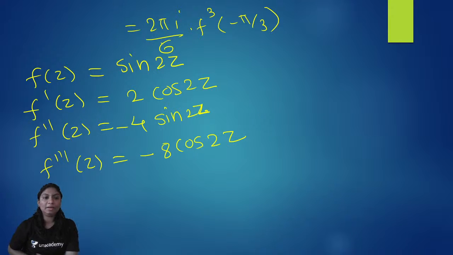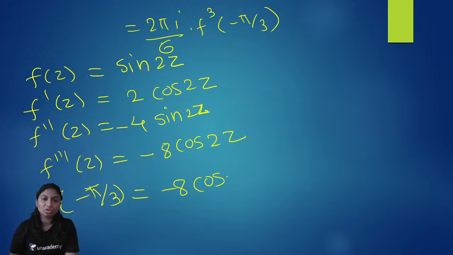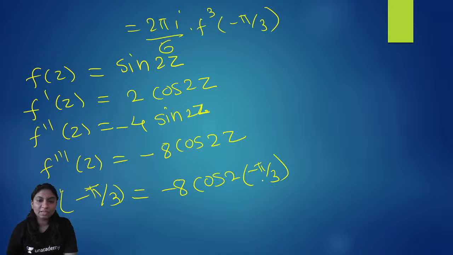So f triple dash at minus pi by 3 is minus 8 into cos of 2 into minus pi by 3, which is cos 2 pi by 3.